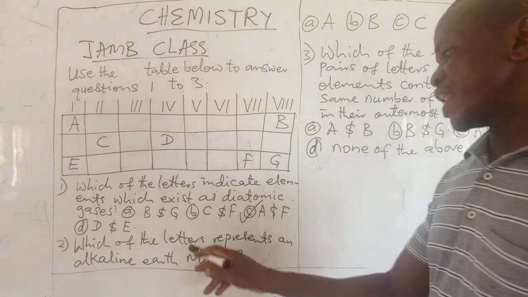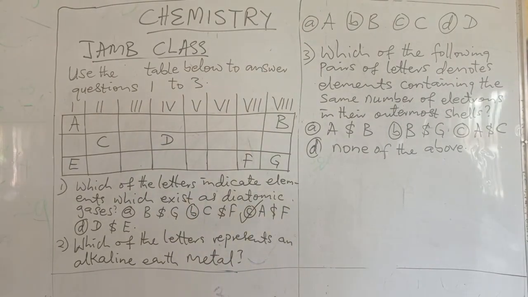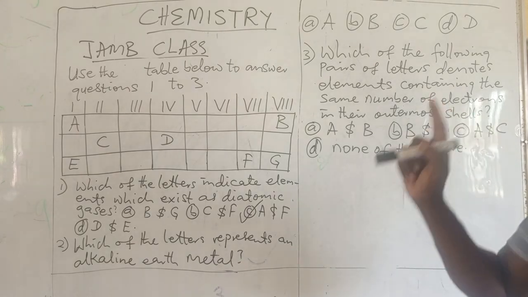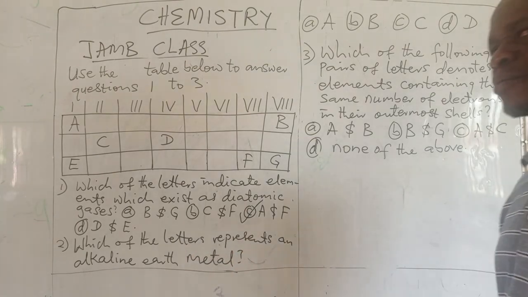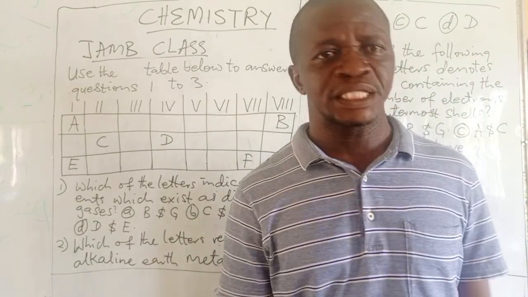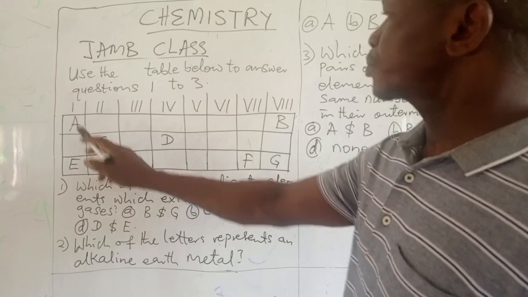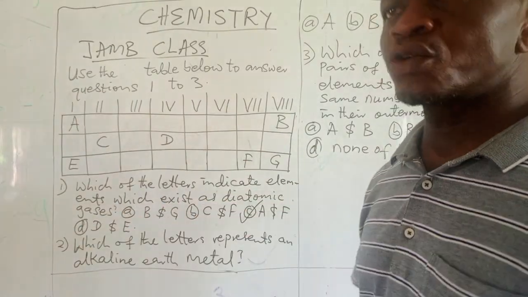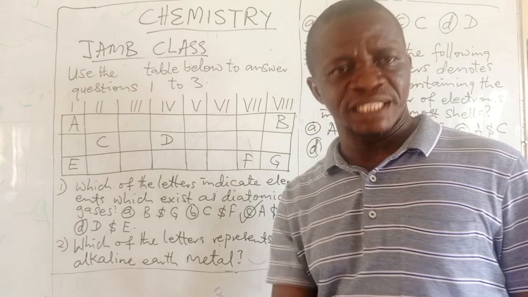Which of the letters represent an alkaline earth metal? Just alkaline earth metal. Remember, which group do we call alkaline earth metal? Group 1 are called alkali metals.